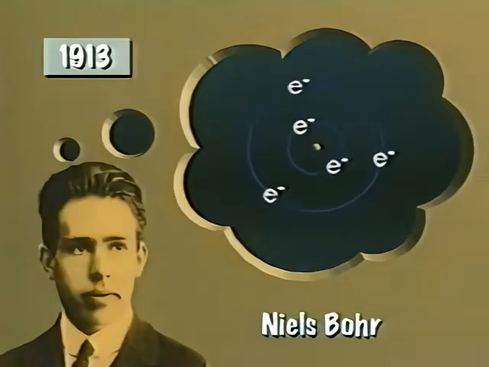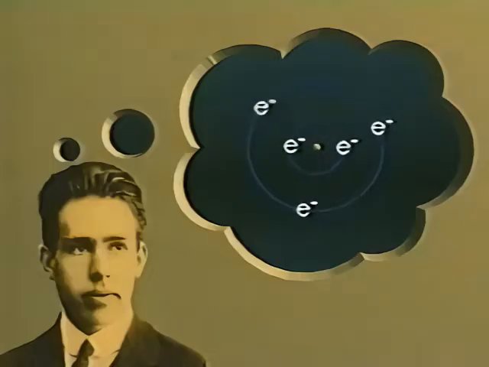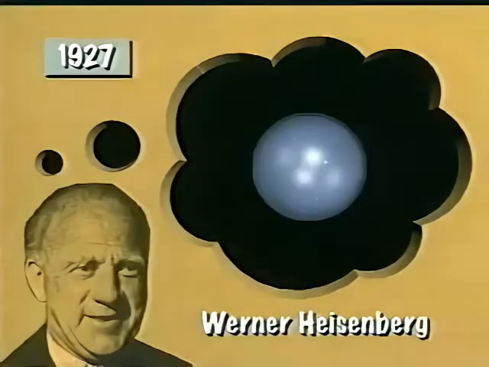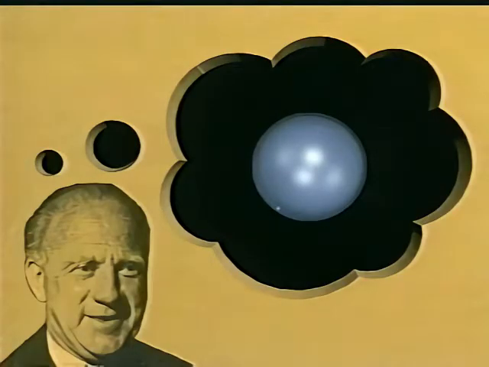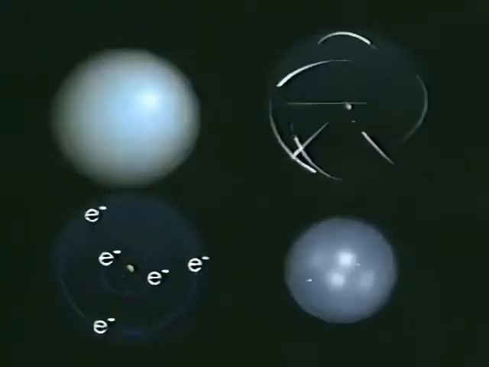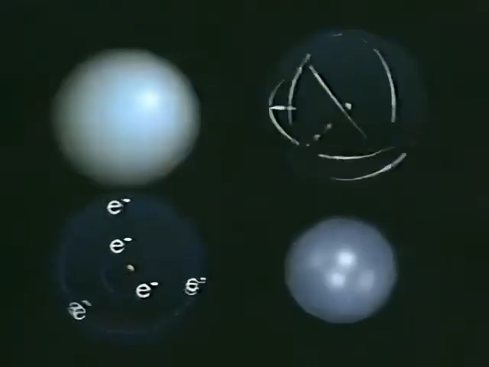Bohr suggested that the electrons were in orbits like the solar system, but only a certain number could fit in each orbit. Heisenberg found there was no way of knowing exactly where an electron was and pictured an atom surrounded by an electron cloud. Several models of the atom have evolved based on experimental work.